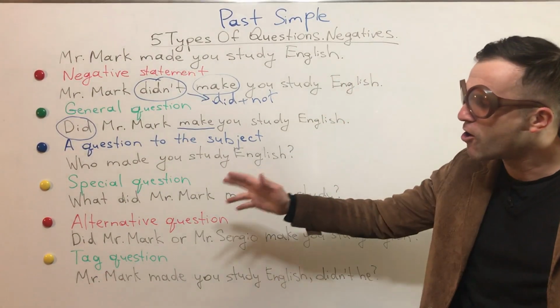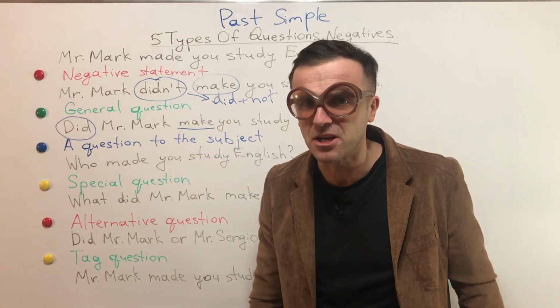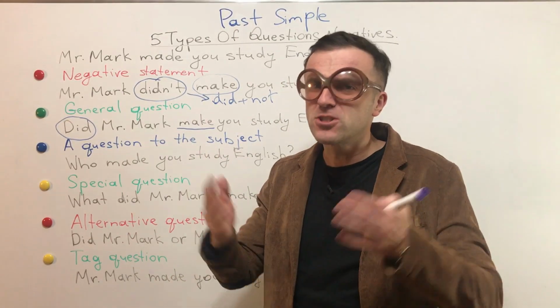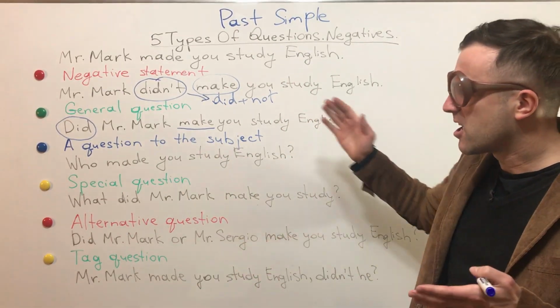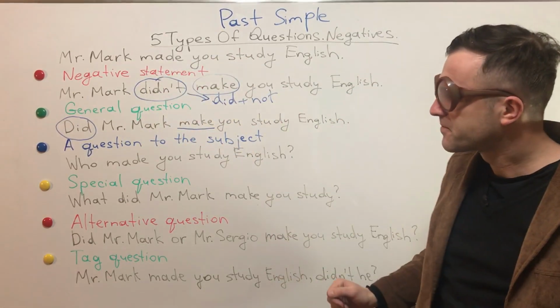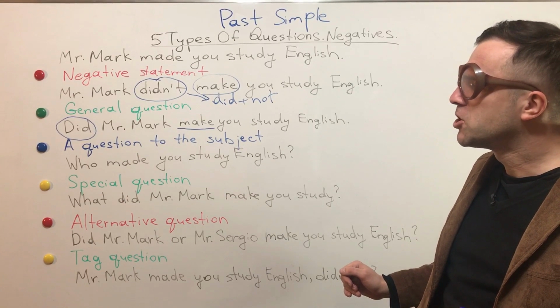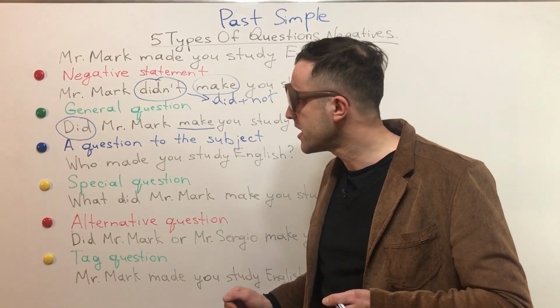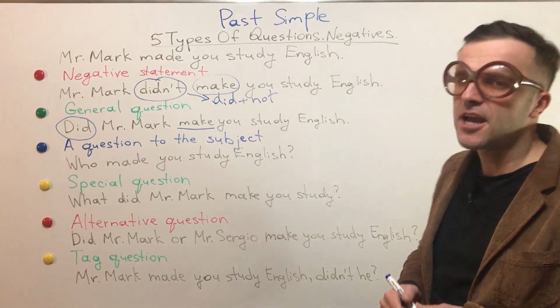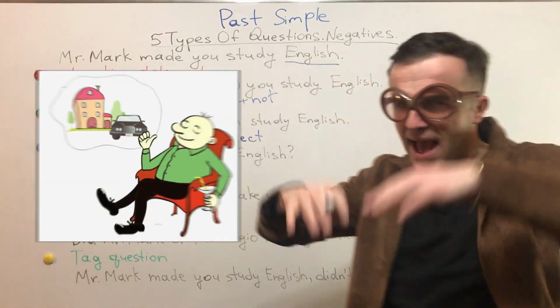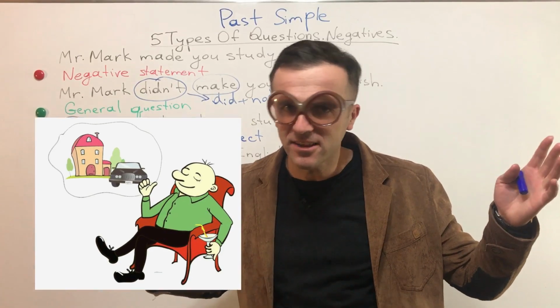Okay, so let's move on to the special question. There can be a few special questions to this sentence. The first special question is related to the object. So where is the object here? The object is English. Okay, so imagine that there is no English.